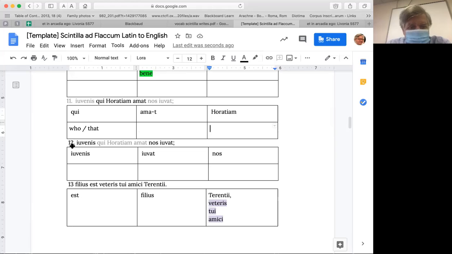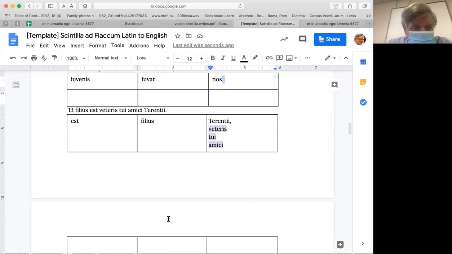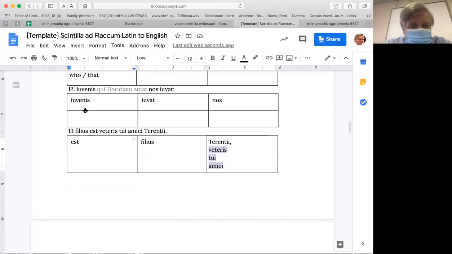And then the enclosing clause, the main clause, juvenis, this is the subject. So he's not a puer, he's not a vir, but he's just still in the in-between stages of manhood. A juvenis, nos juvat. We have to invert that in English to juvat. Comes first, helps, and next nos, us. 13, the subject is understood, the juvenis.